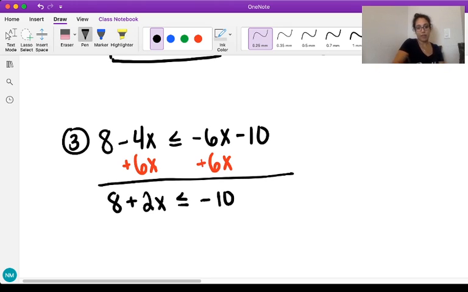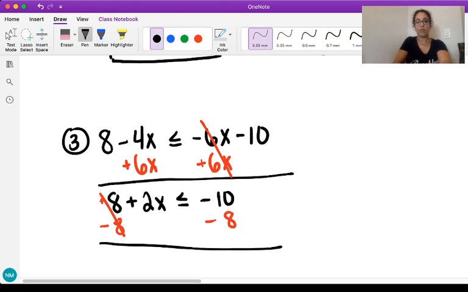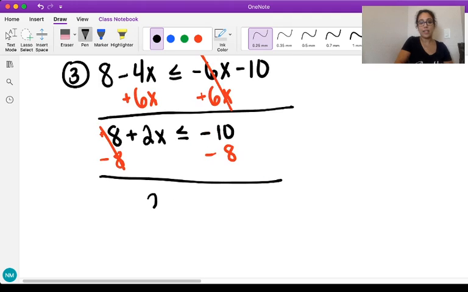Then I have to bring the 8 over. It's a plus 8, so I'm going to subtract 8. This goes away. So I get 2x is less than or equal to negative 10 minus 8. I'm getting more negative, so negative 18.